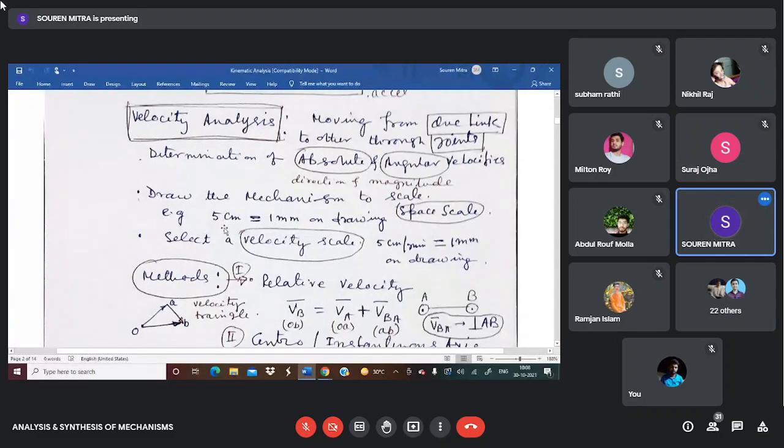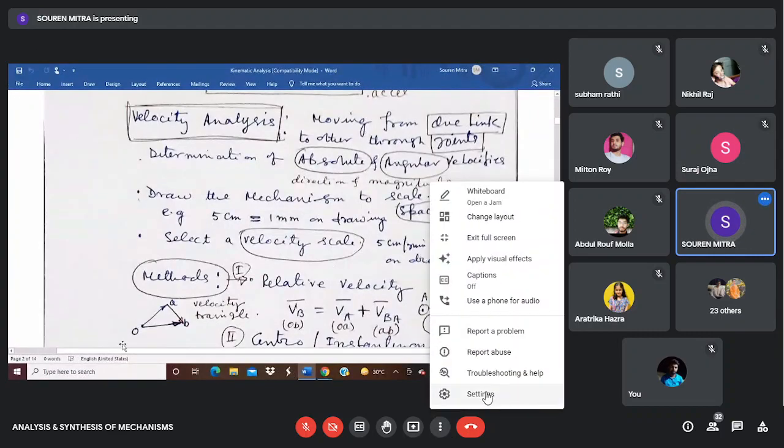For example, if a link is 50 centimeter, then you can represent 5 centimeter as 1 millimeter on drawing, and thereby the length of the link is represented in the drawing as 10 millimeter and so on. So this is called space scale.